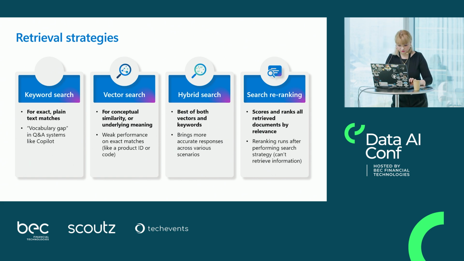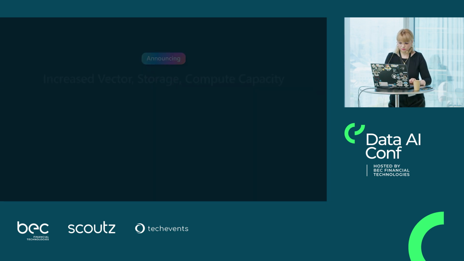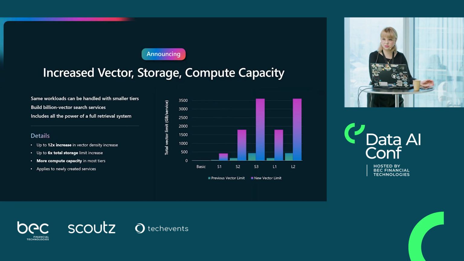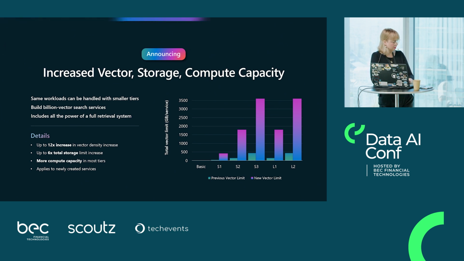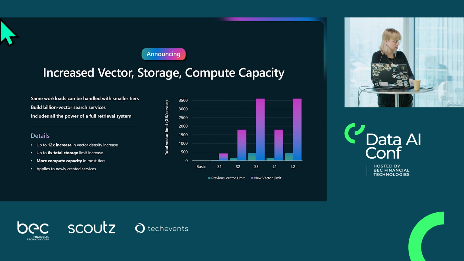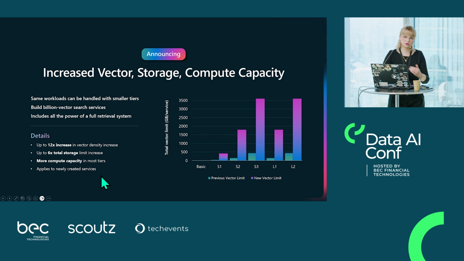There is integrated vectorization, and just a glimpse from the last Build: there was a high increase in vector density. There were also increases in storage limit, and more compute capacity in most tiers of the solution.